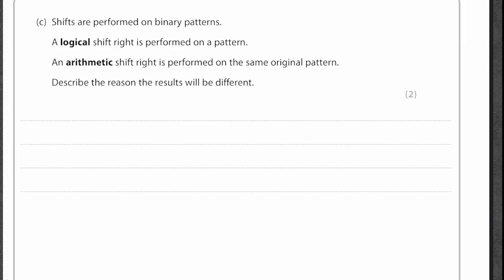Describe the reason the results will be different. Okay, so it's a 2-mark question. So you're going to have a linked explanation, or at least write 2 relevant things, because the command word doesn't say explain here. But you need to have at least 2 things for the examiner to mark.